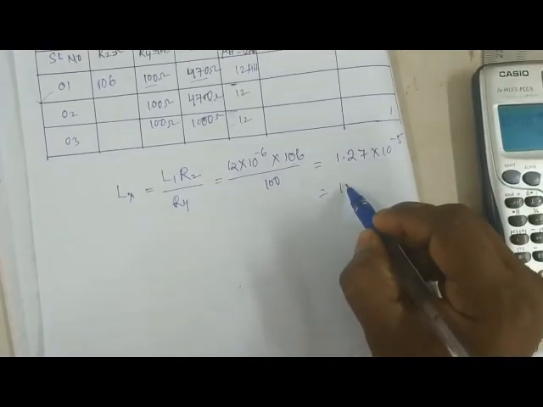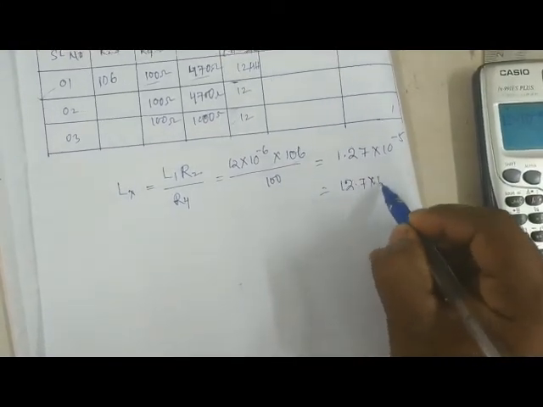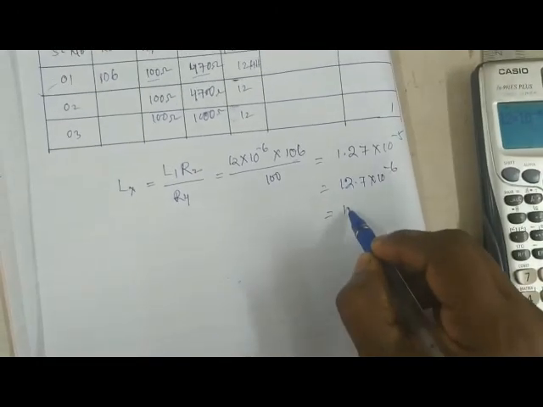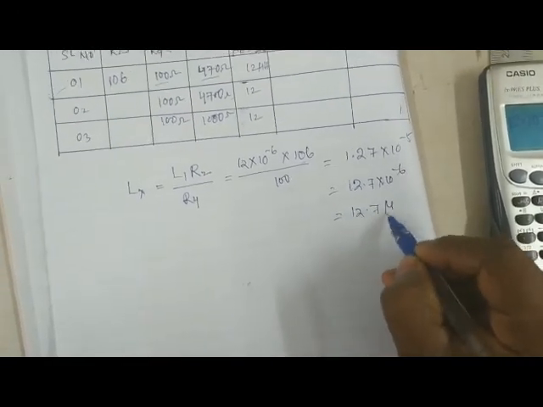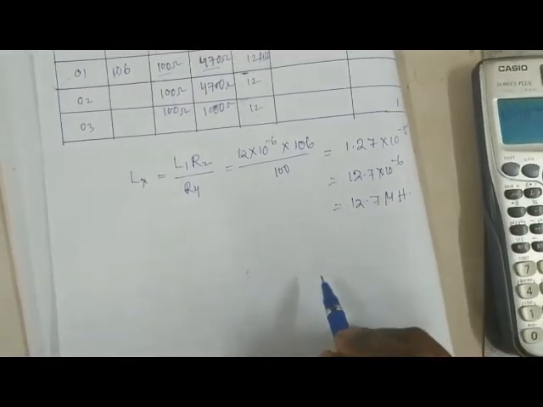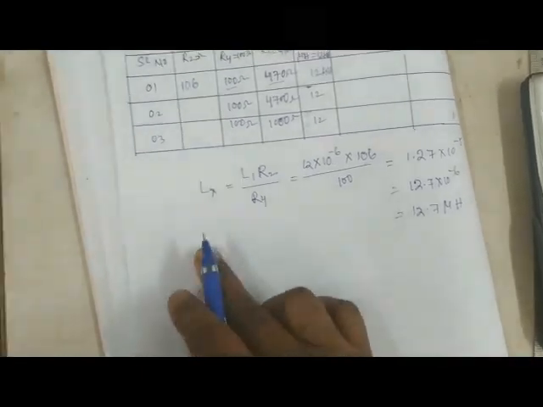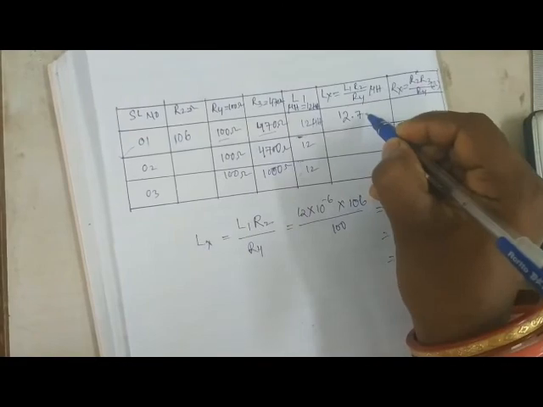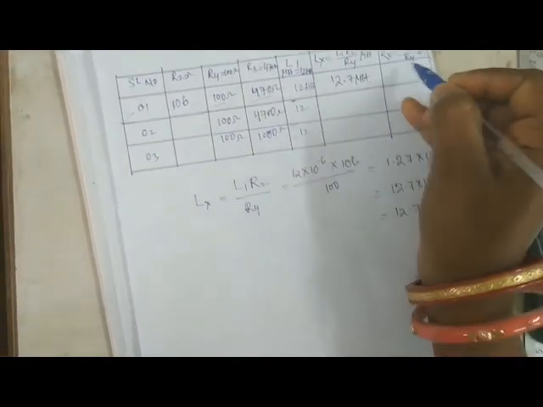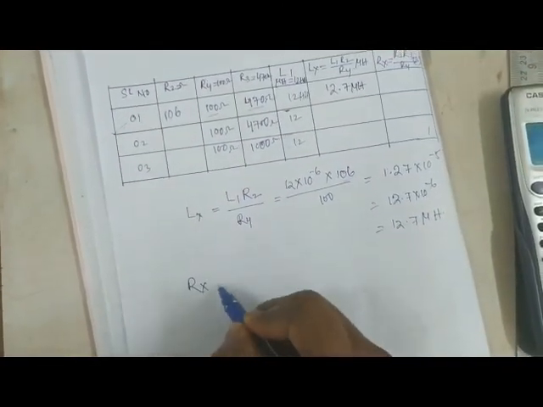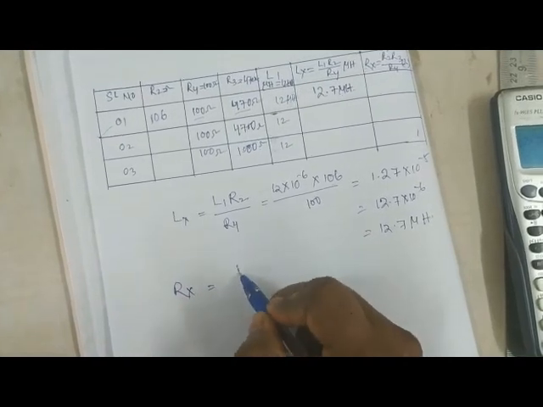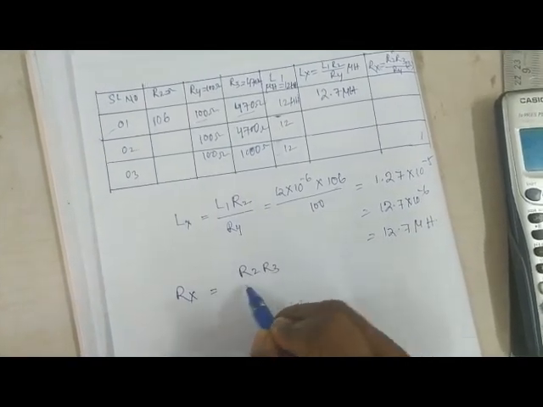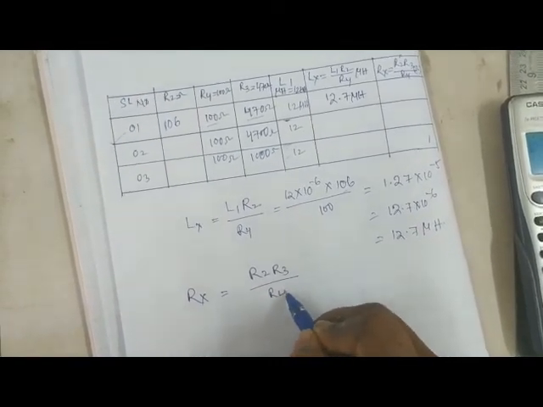So 12.7 into 10 to the power minus 6, 12.7 microhenry. This is the result of Lx. Then let us find the value of Rx. So Rx is R2 R3 divided by R4.